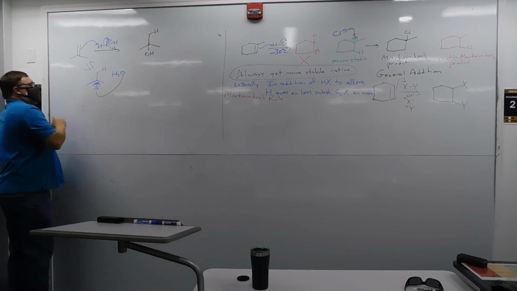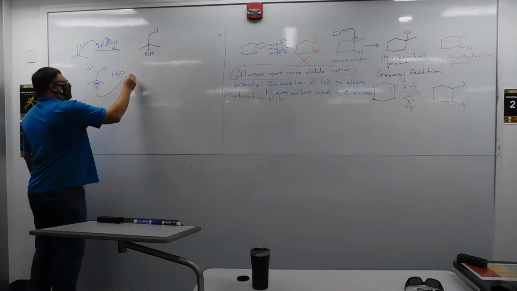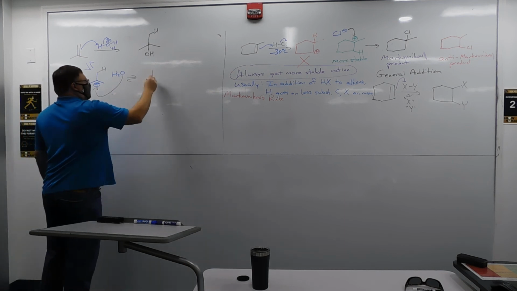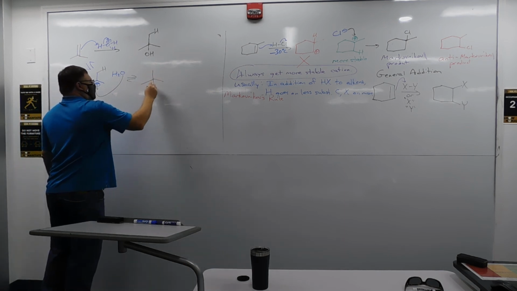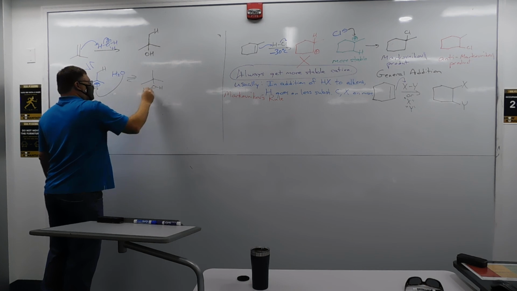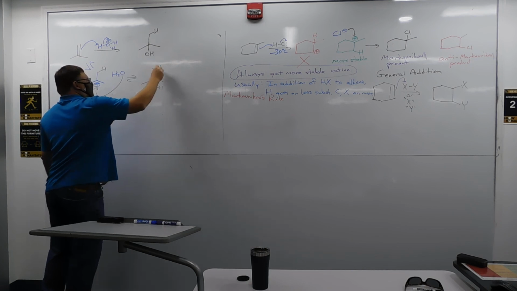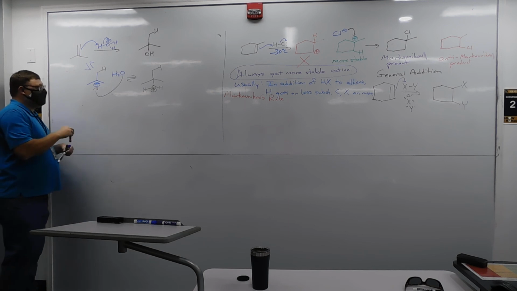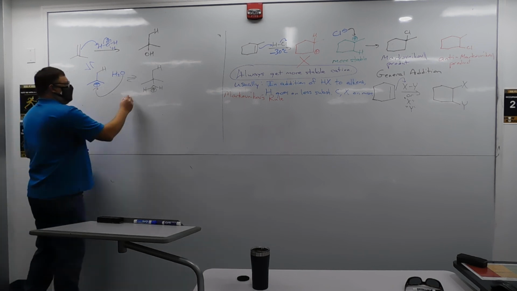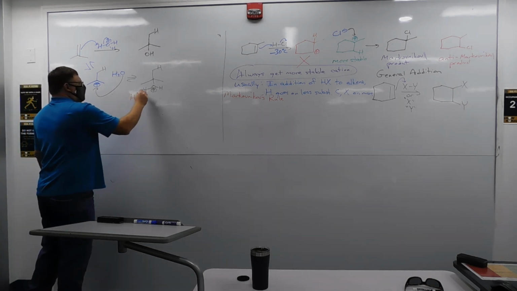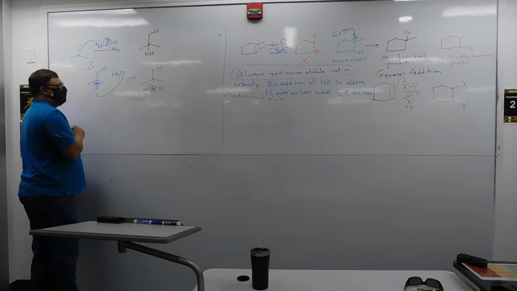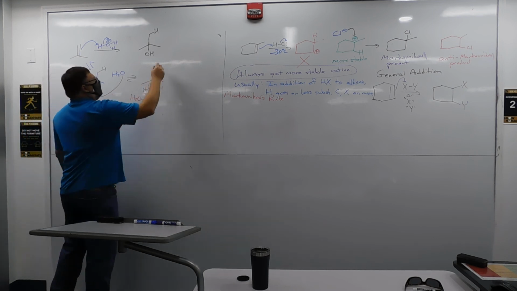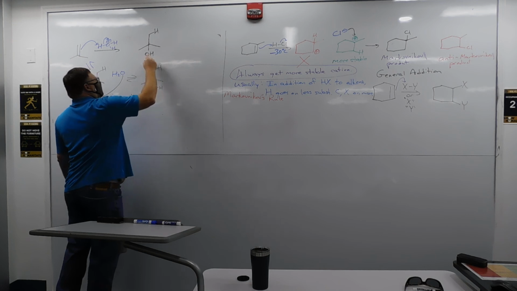And now water will attack that carbocation. Water attacks, not hydroxide. So now we've added an H, we've made the CH bond, and we've made our CO bond. And now another equivalent of water has to come in to get to the final product. It takes the H from the protonated alcohol.